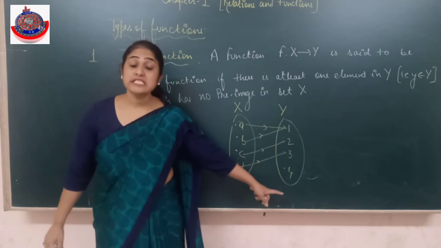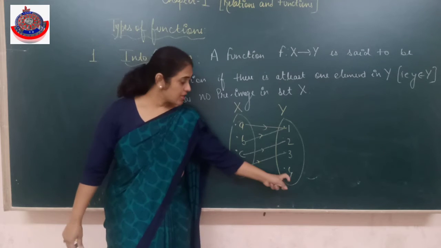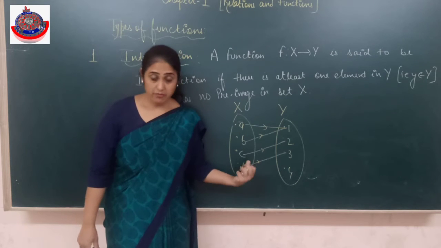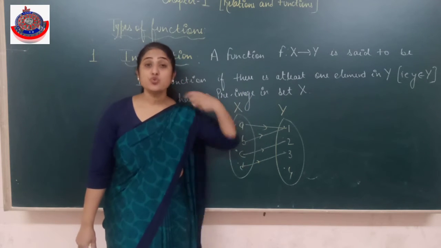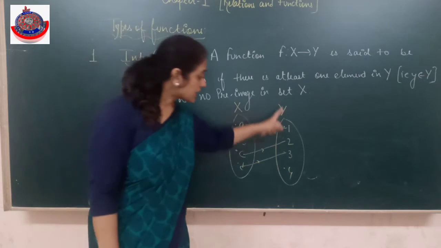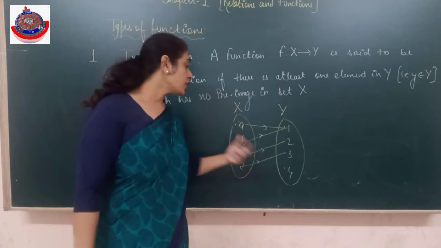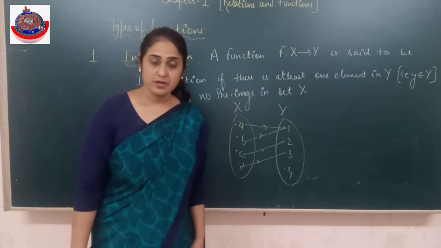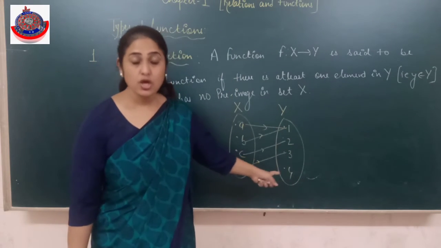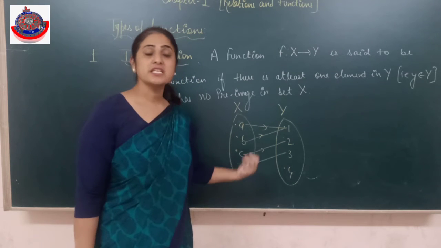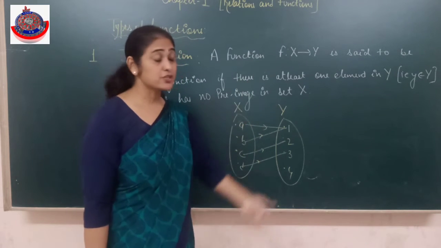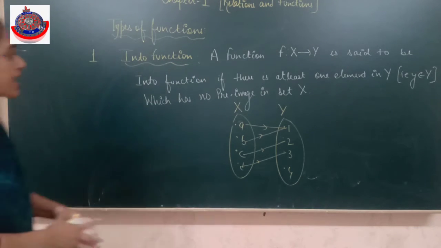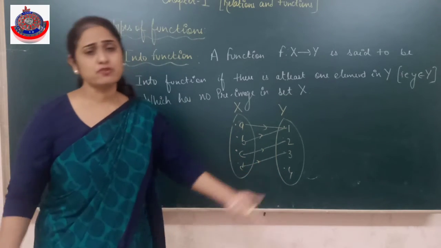There are some leftovers in set B. If there are elements in set B which do not have any pre-image in first set, then that function is said to be into function. अगर second set में कोई element बच जाते हैं जिनकी कोई भी pre-image नहीं है या फिर वो किसी की image नहीं है, then the function is said to be into function. If elements are left in the second set which do not have any pre-image in the first set, then this function is said to be into function. Is it clear? And the second is onto function, means if there is nothing left over in the second set.